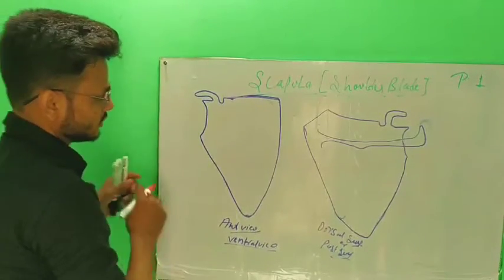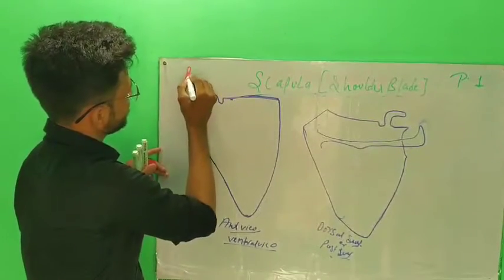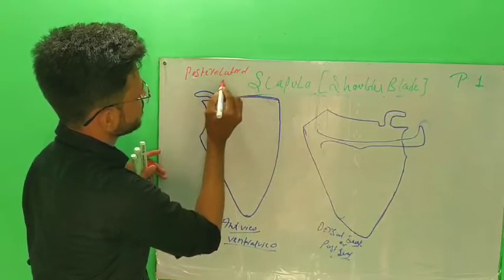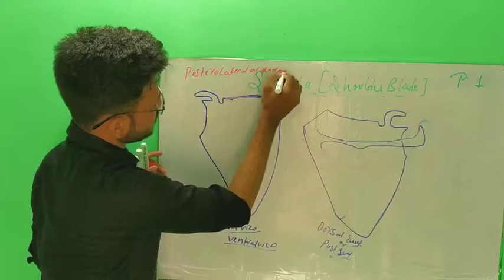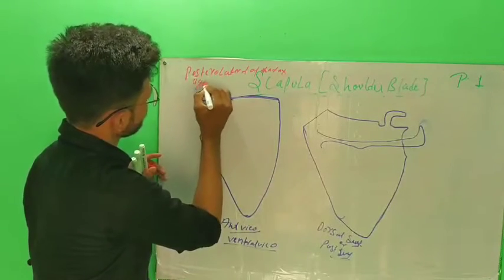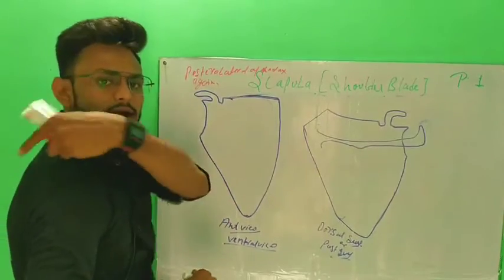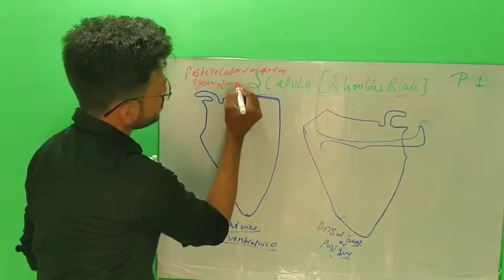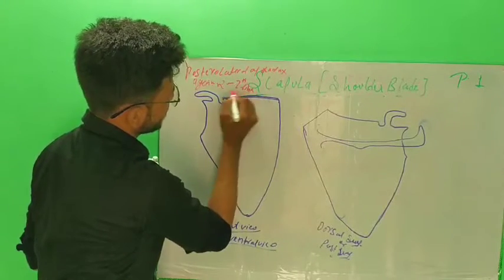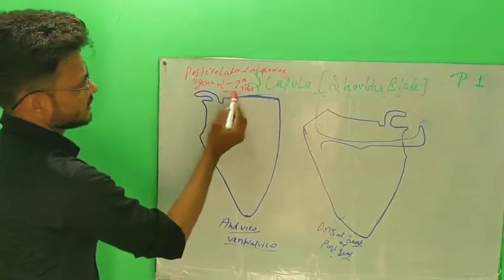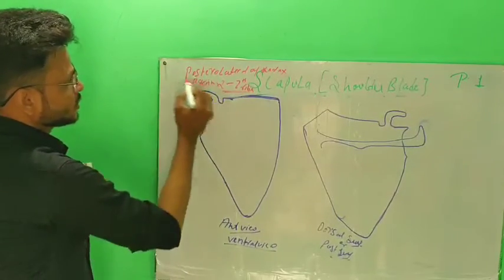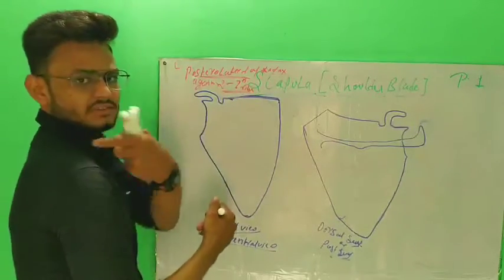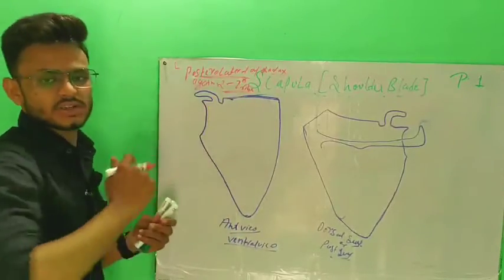Scapula is located on the posterolateral aspect of the thorax, against the 2nd to 7th ribs of the thoracic cage.